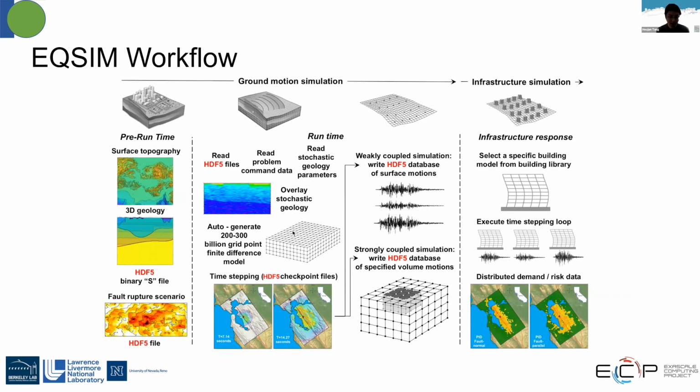So the current workflow can be divided into different phases. First is the pre-runtime. The seismologist needs to determine what material model to use for the ground, which usually includes the surface geology, the elevation of each point in the problem domain, and below the surface, the material properties of the rocks and other things.